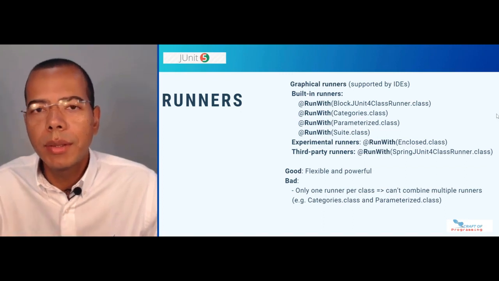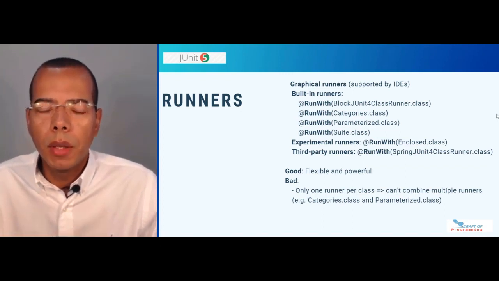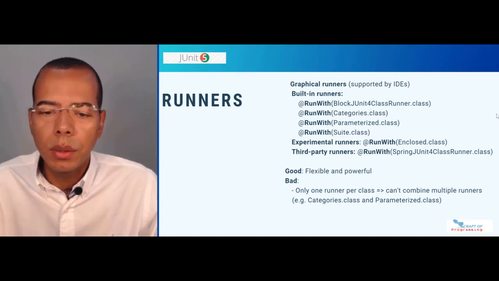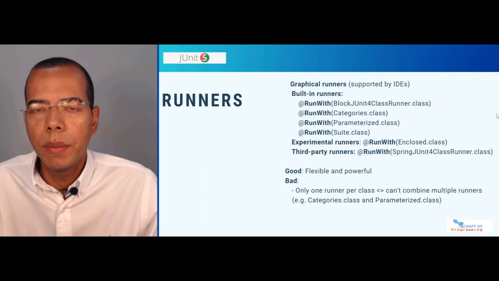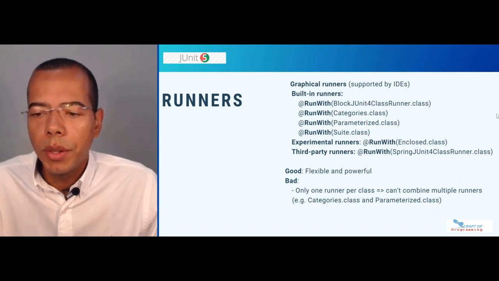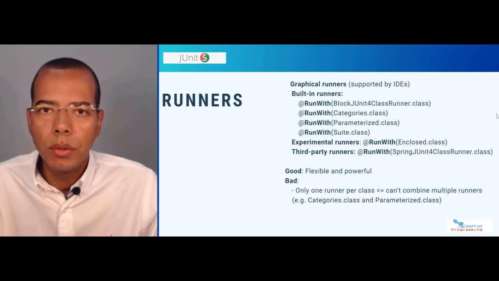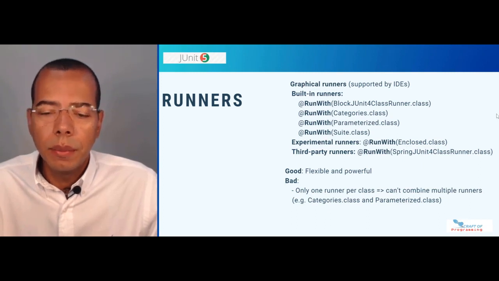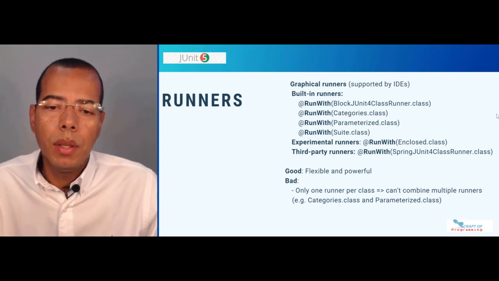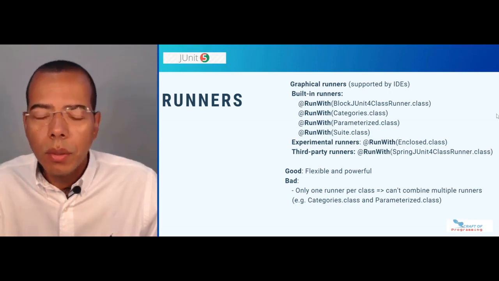We had parameterized tests, suite of tests, and also experimental runners like Enclosed, and obviously third-party runners. And this was a way that third-party tools, like for example Spring, could integrate with JUnit via this runner mechanism.